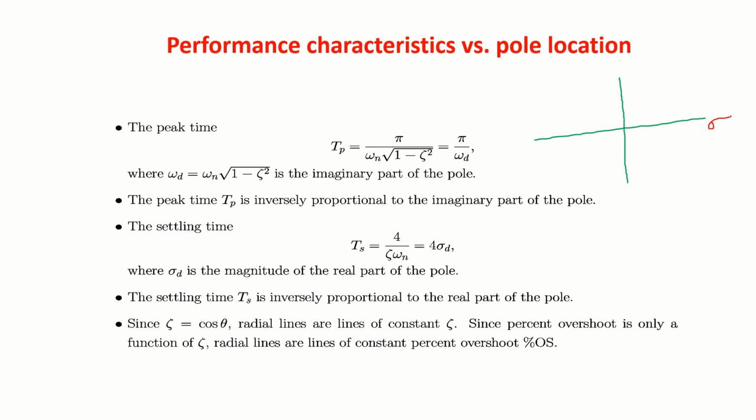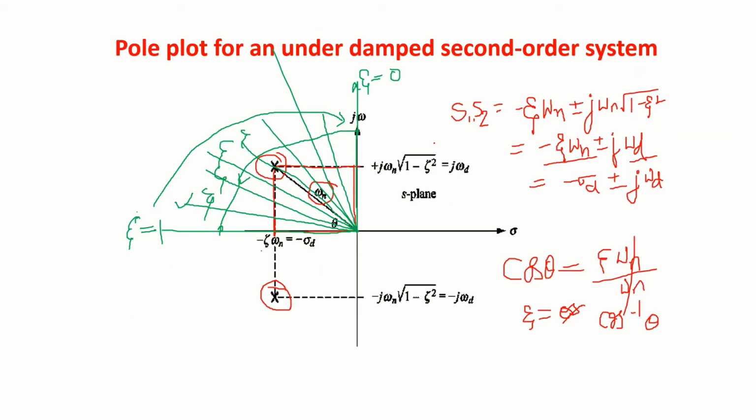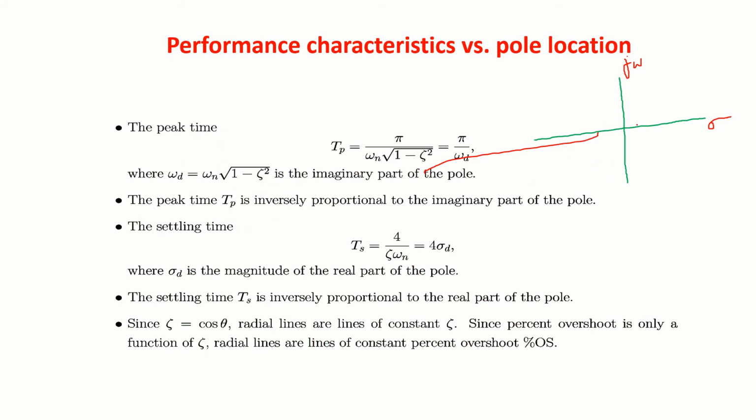This is sigma, this is j omega. Omega d is nothing but omega n under root 1 minus zeta square. So this is one value, let us say, another value, another value, another value.